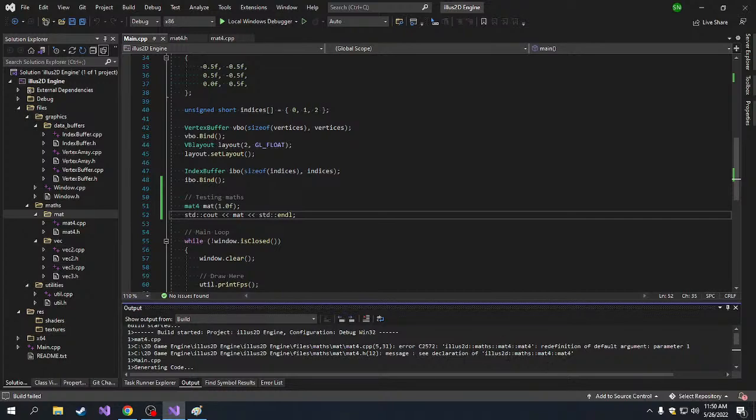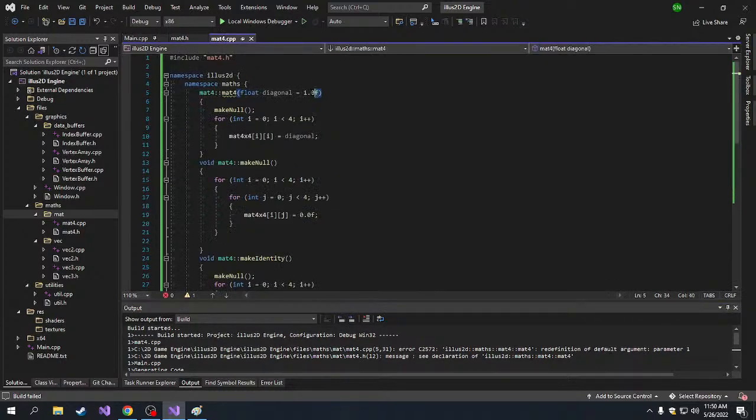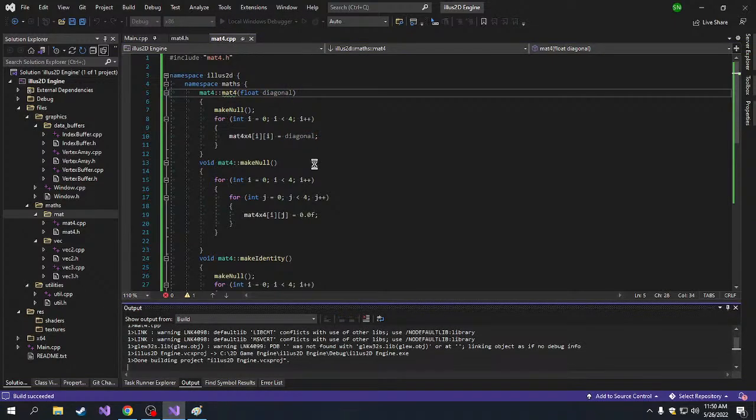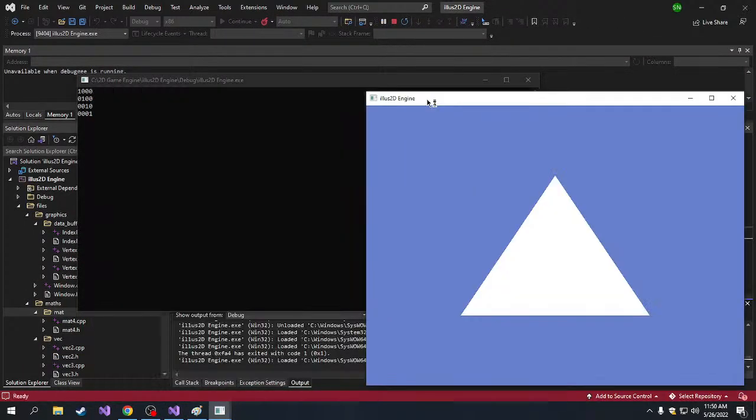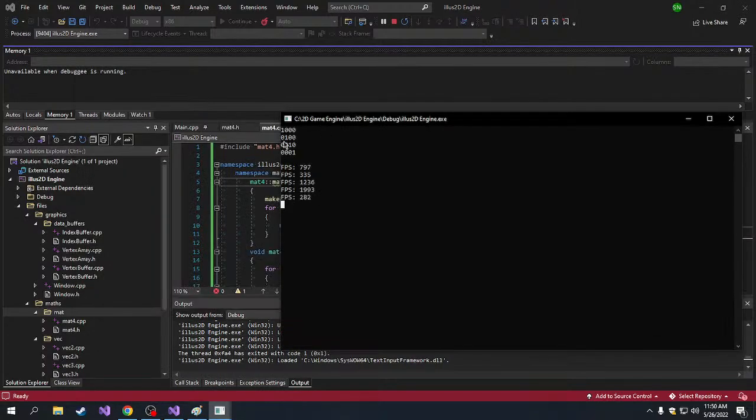So redefinition of default parameter. See declaration, redefinition of default parameter. Okay, solve this issue. Cool. So yeah, we do get an identity matrix.